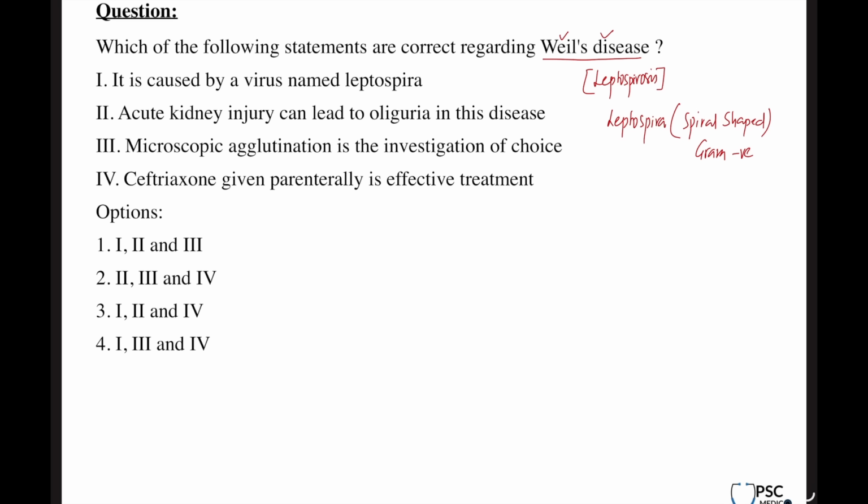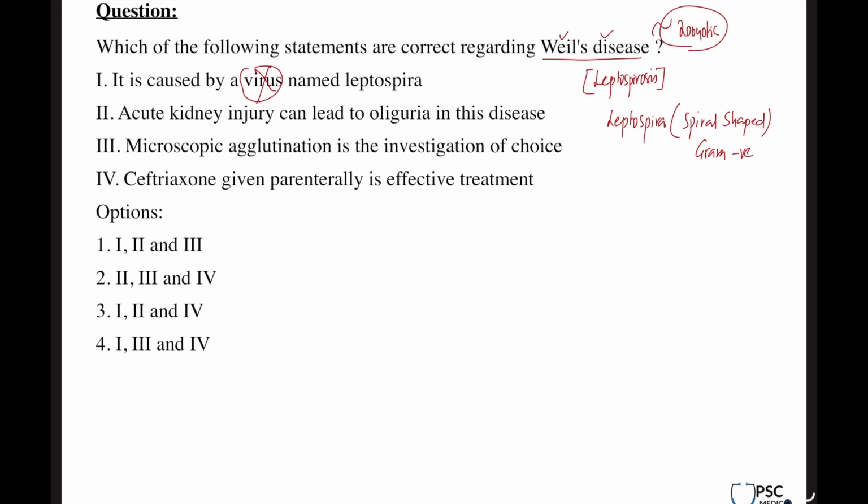It's not gram positive, it's gram negative bacteria. So it belongs to spirochetes. They're flexible, spiral shaped, gram negative bacteria. And this leptospirosis or Weil's disease is a zoonotic disease. So the statement that it is caused by virus is absolutely wrong.